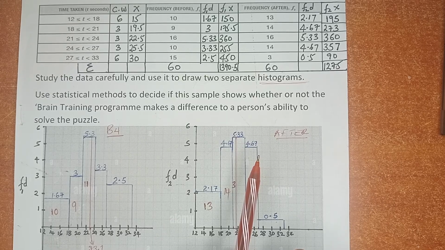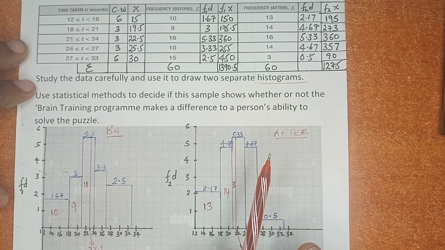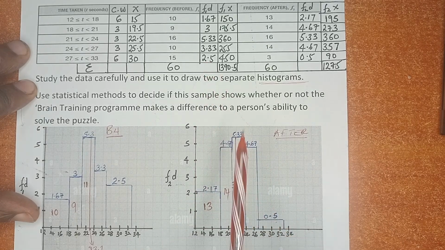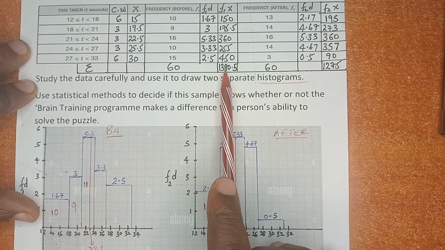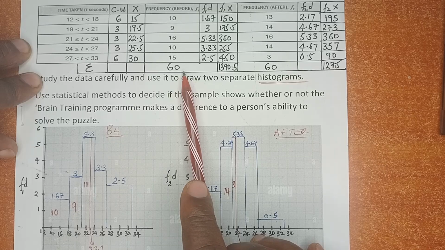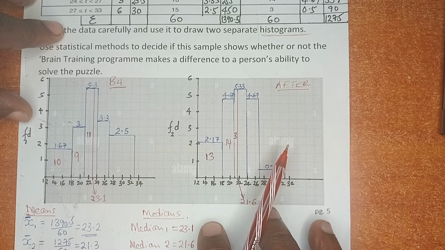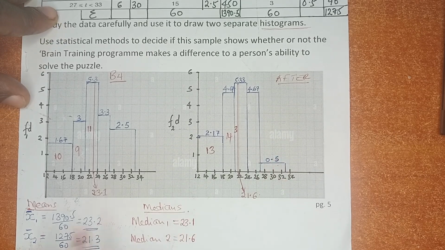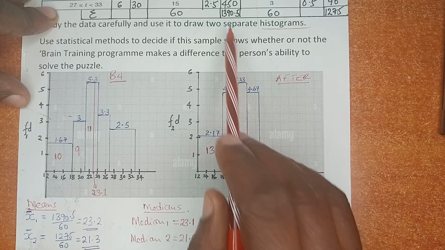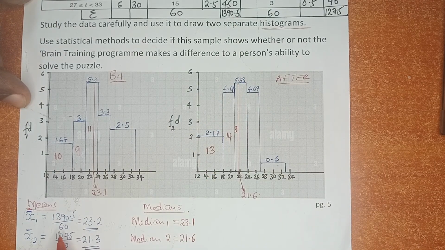For us to use the mean, I would go back to the table and highlight the fx before divided by the frequency total, which gives us the first mean, x1. Mean before is 1390.5, fx before divided by the sigma f, which is 60, and we get 23.2 seconds.